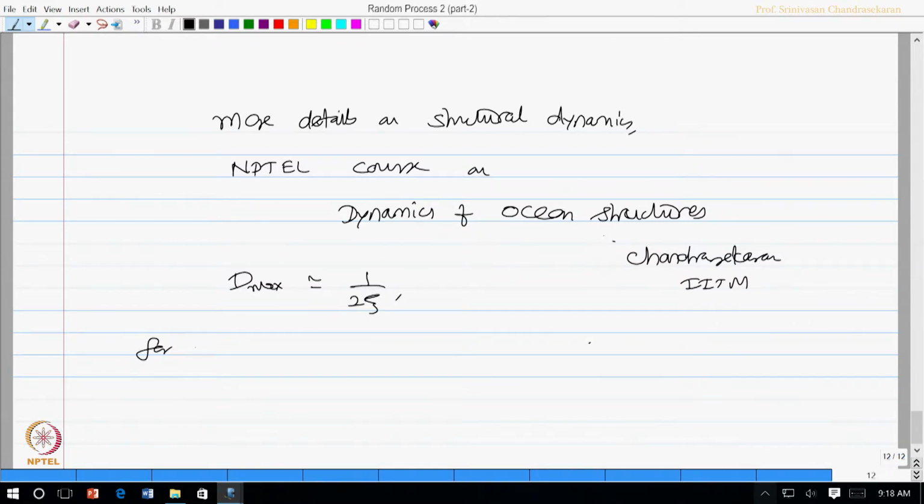So, for zeta about 2%, which is a very common case, D max is approximately 25. What does it mean?